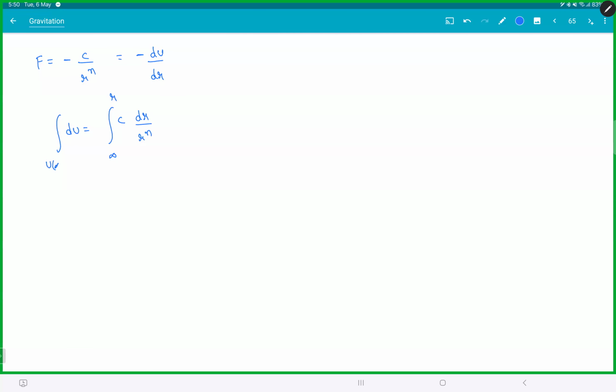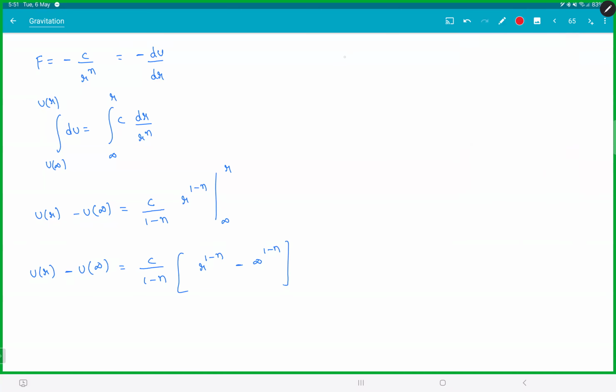When you integrate on both sides, you will get U of r minus U of infinity equal to C times r power (1 minus n) by (1 minus n), with limits from infinity to r. So this will be r power (1 minus n) by (1 minus n) minus infinity power (1 minus n).